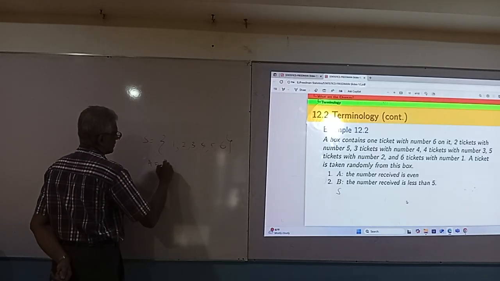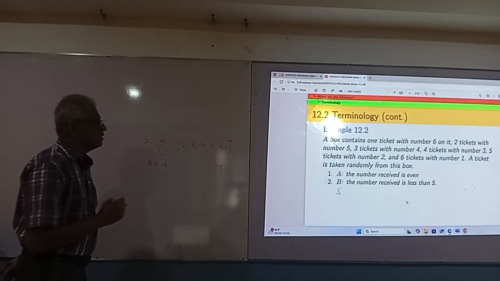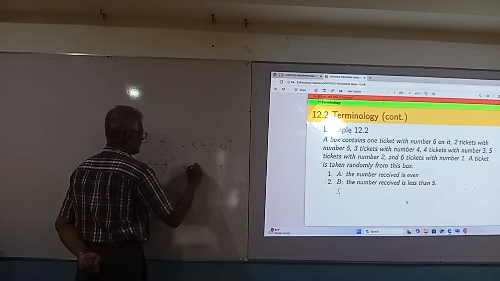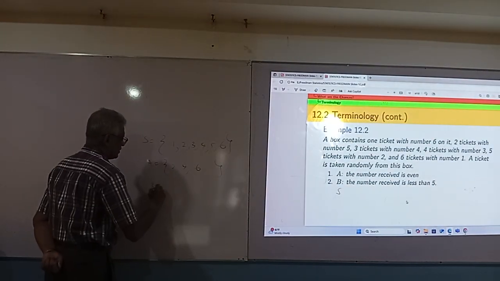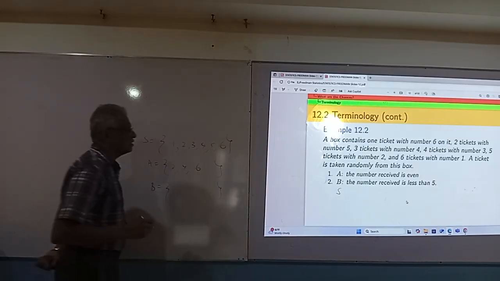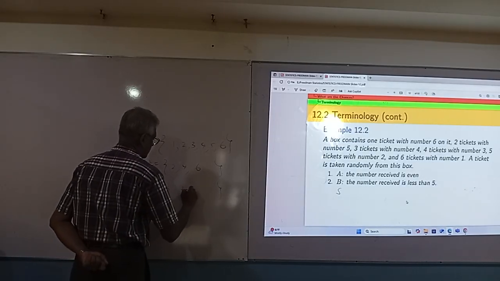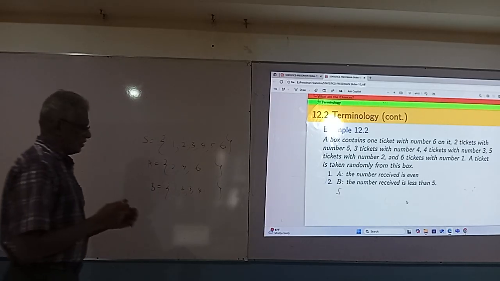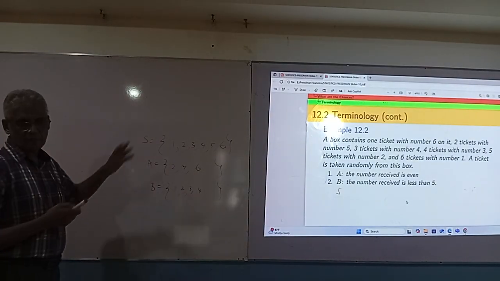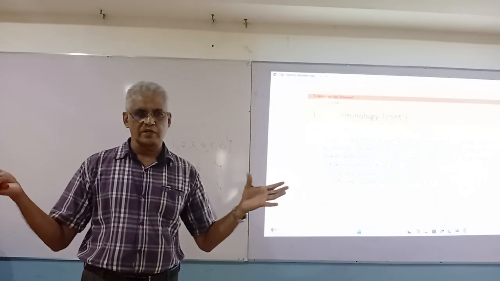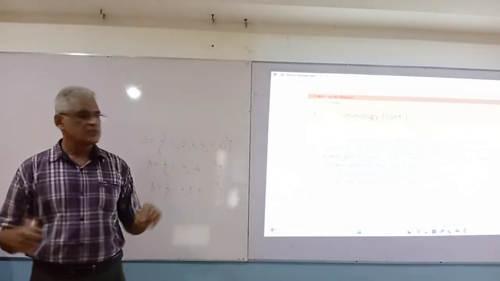So A, the number received is even, is 2, 4, 6. And B, the number received less than 5, is 1, 2, 3, 4. So the sets are actually the same as the previous example, just rolling a die, 1, 2, 3, 4, 5, 6.